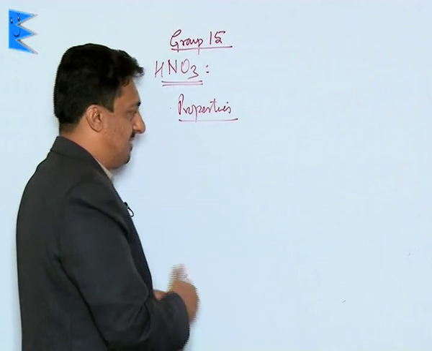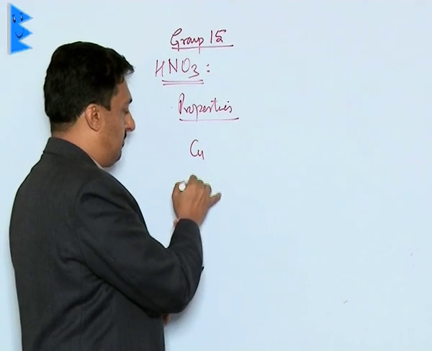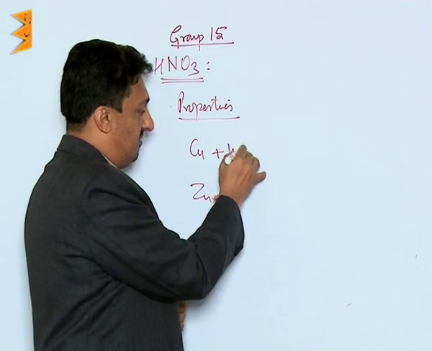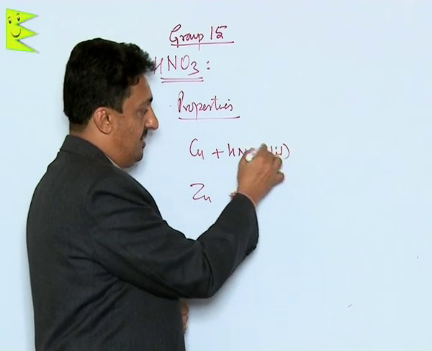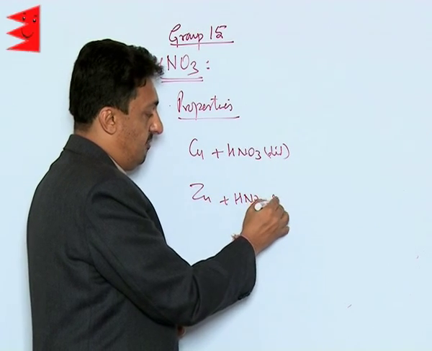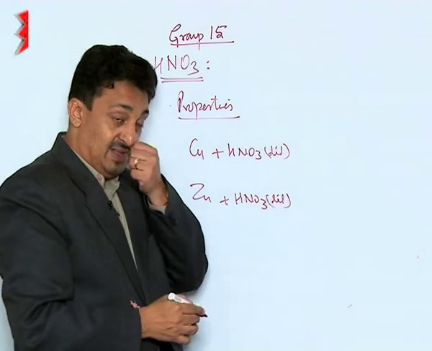It can oxidize metals like copper or zinc, if we treat them with dilute nitric acid. Remember, it shows its oxidizing nature both in dilute as well as in concentrated medium.